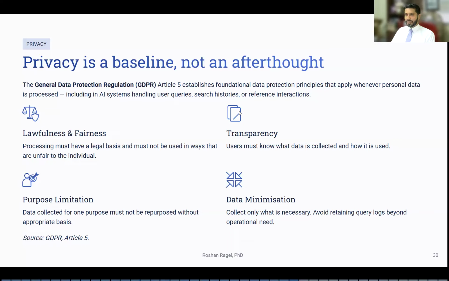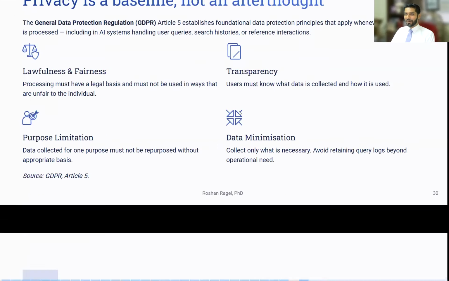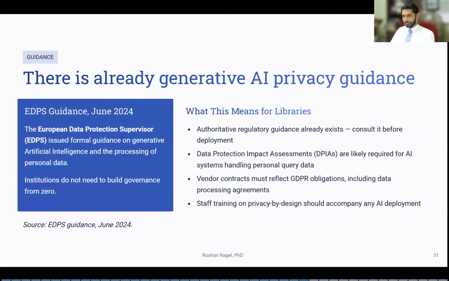So privacy should be high. We have to have fairness, transparency, use the data that is collected only for the limited purpose that it is intended for, not for anything else, and minimize the amount of data that is shared. These are all important while we are implementing and working on integrating AI into it.